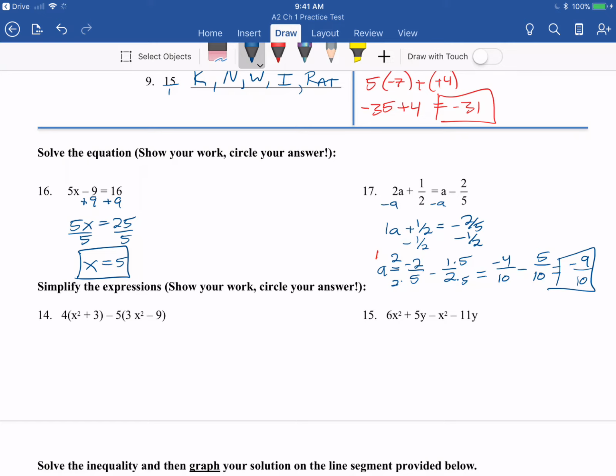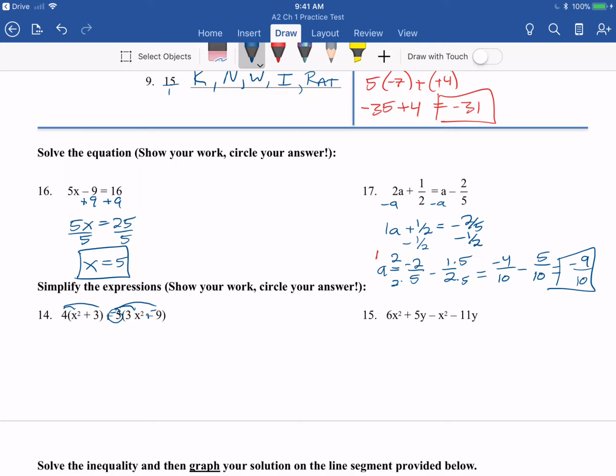All right, so apparently now I go to number 14, so I must have switched around some work there, but now I'm going to number 14. I'm going to distribute these guys in here as much as I can. I like to make that plus and negative, so I make sure that I distribute that negative 5. Okay.